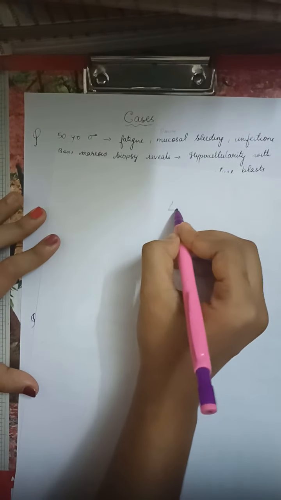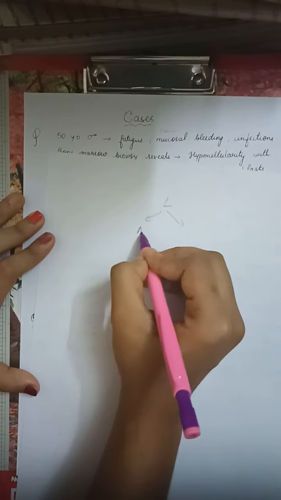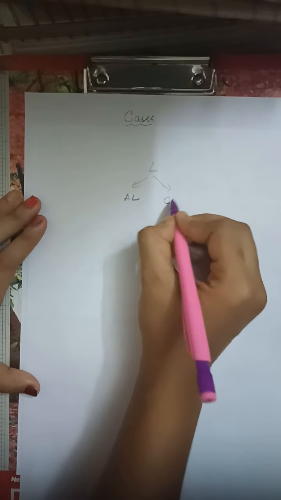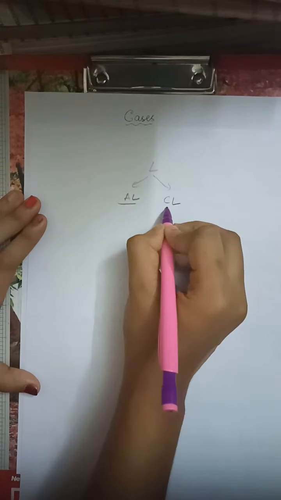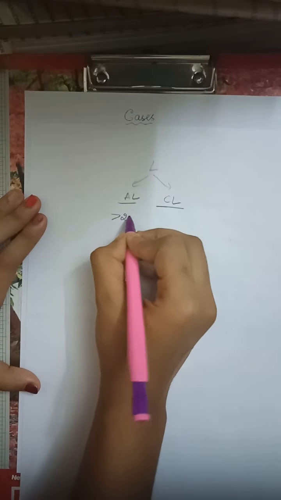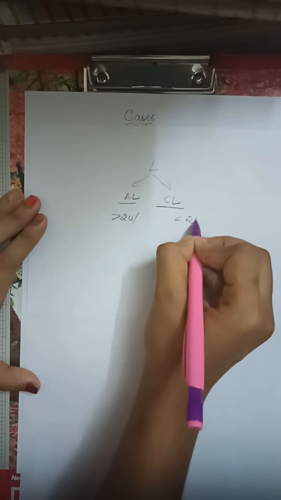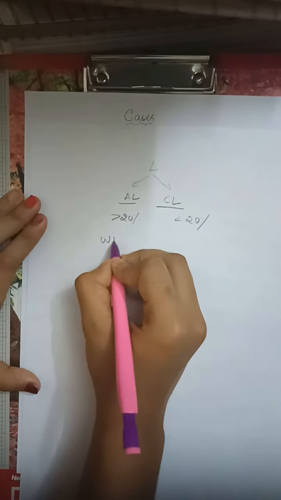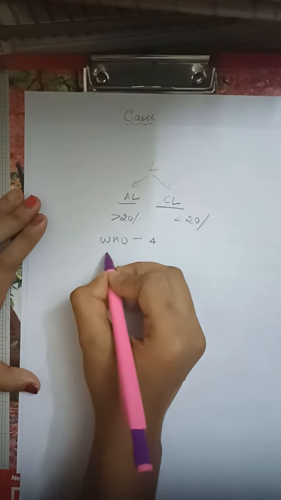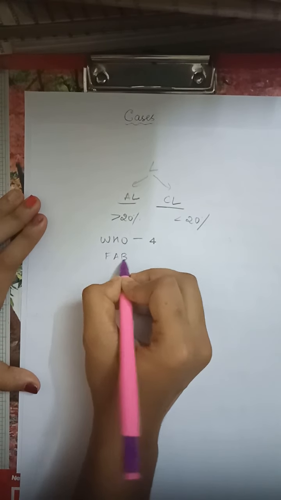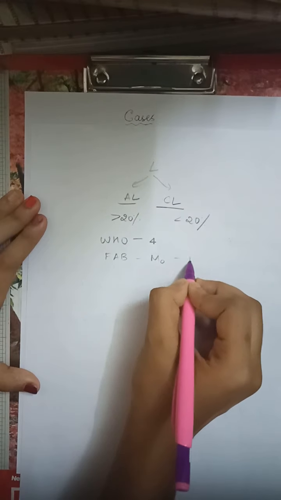So a 1 minute quick revision: acute leukemia and chronic leukemia. Acute has immature cells with more than 20% blasts, chronic has mature cells with less than 20%. We had the WHO classification, which was 4 types, and the FAB classification, M0 to M7.